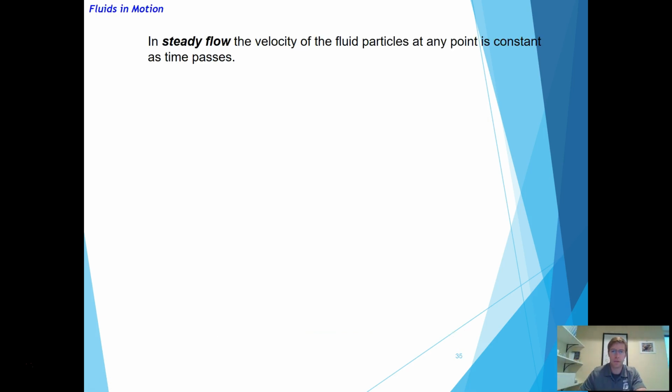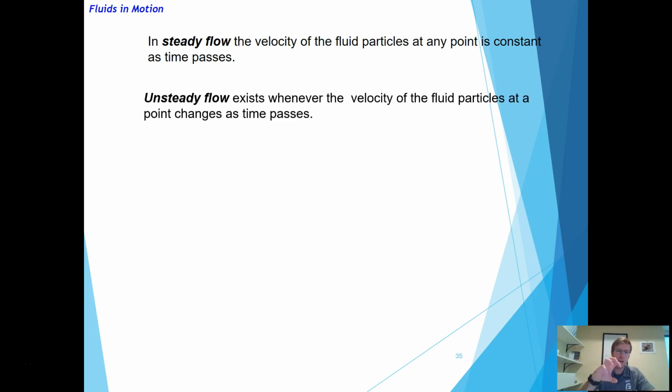So when you have a fluid that's moving, there are a couple of different factors we need to consider, and we're going to talk about those now. First of all, the style of flow, or the manner in which the fluid is flowing. There are two options. The first is steady flow, when all the particles are moving together in unison, closely at similar speeds to the particles around them.